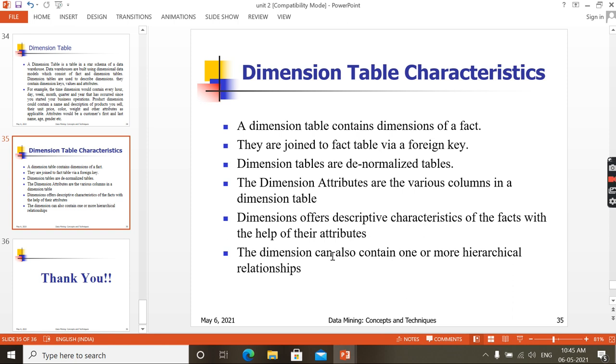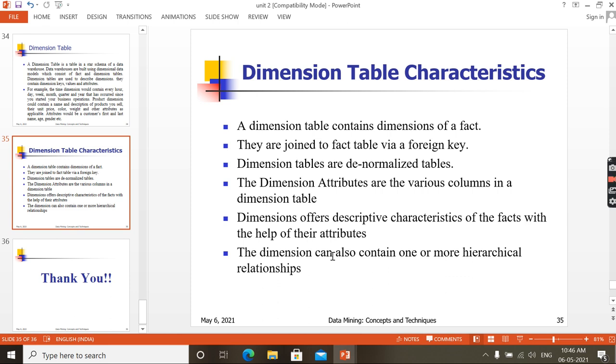Dimension can also contain one or more hierarchical relationships. Dimension can also contain a level by level relationship. Why? Because in Snowflake schema, to achieve normalization we divided a dimension into two dimensions. From the second dimension to the first dimension, that is one level.